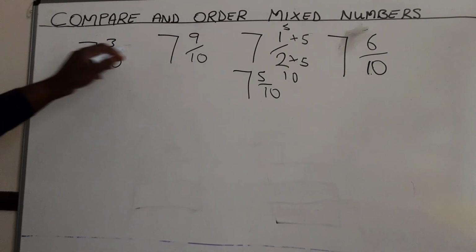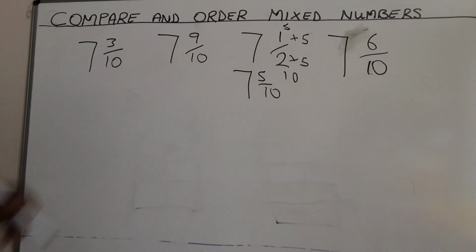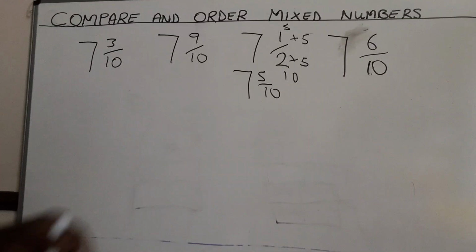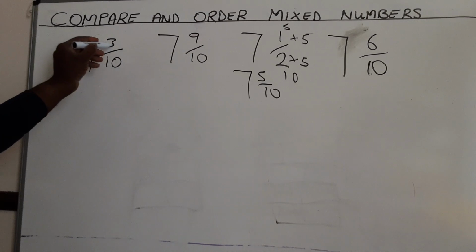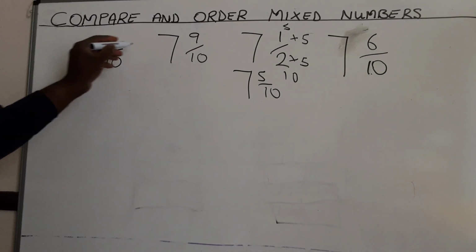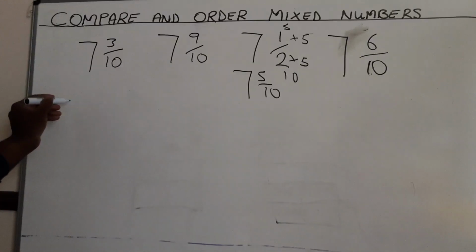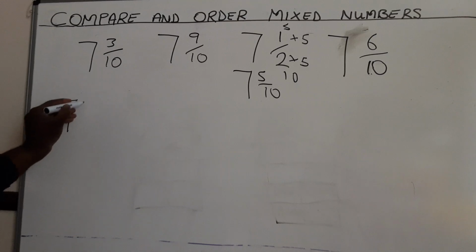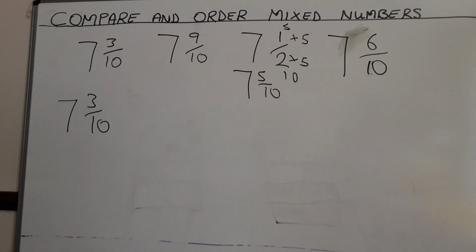We see that all the whole numbers are the same, so we move on to compare the fractions. When you look at the numerators, we can see that 3 is clearly the smallest, so we put 7 whole number 3 over 10 as our smallest fraction.